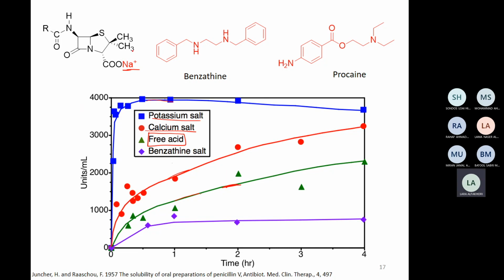Okay? لكن if the counter ion, for instance, is a lipophilic molecule such as the benzathine or the procaine, such a counter ion will lower the polar or water solubility, or it will increase the lipophilicity of that salt, which would become in terms of solubility أقل من that of the free acid.